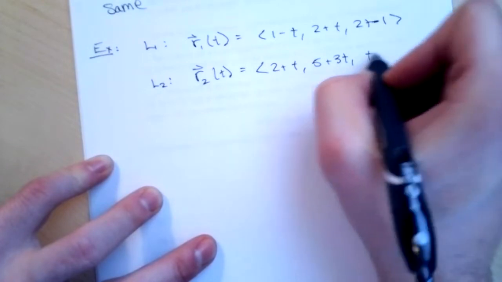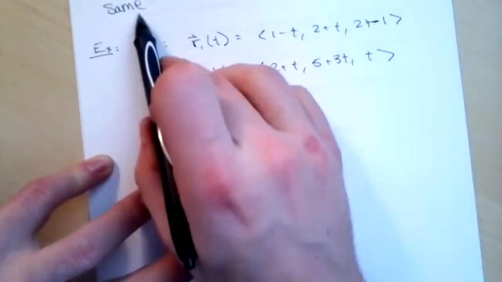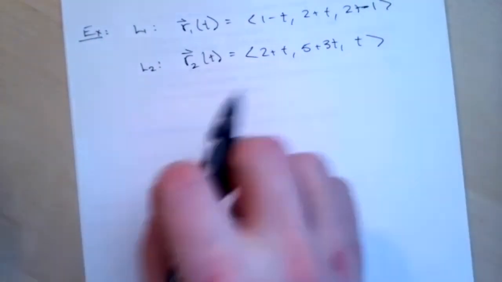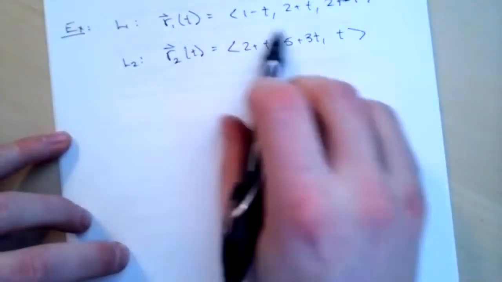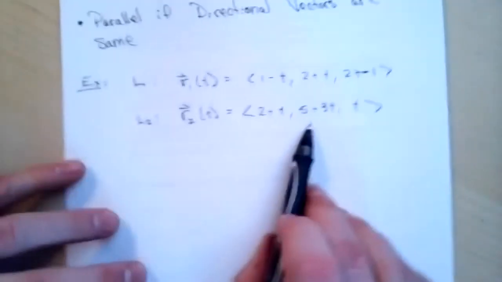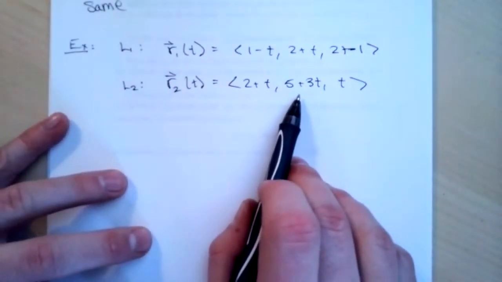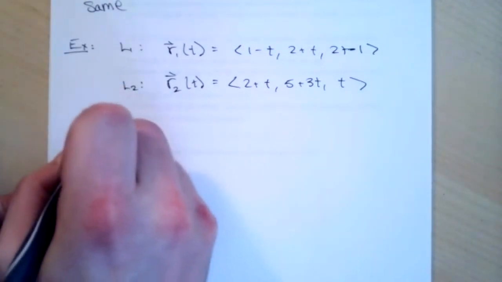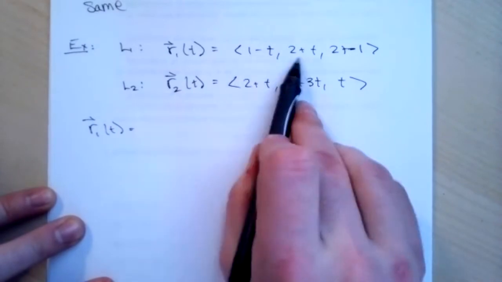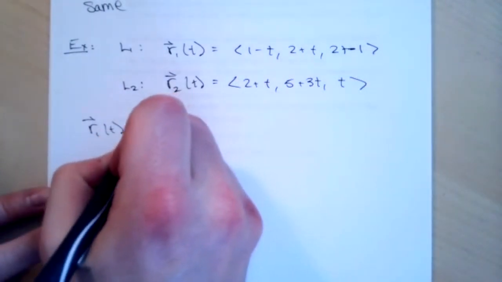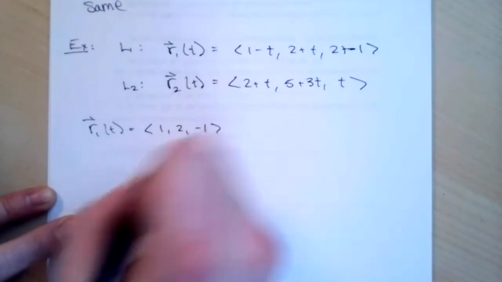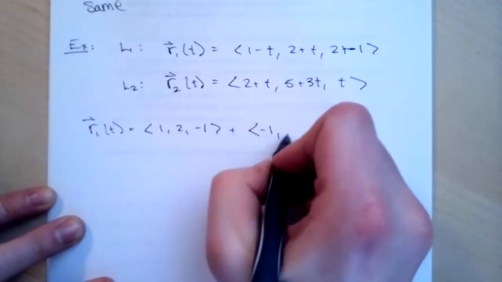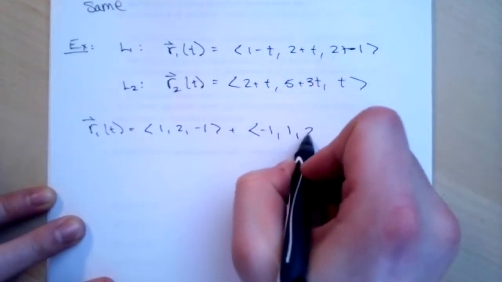Actually, I'm realizing I just misspoke a little bit. Directional vectors do not necessarily need to be the same. Let's take a look at what's going on with this example. They need to point in the same direction, I guess we should say. So here are our equations of lines, R1 and R2. We can rewrite these a little bit. For R1, our point is going to be 1, 2, minus 1, and the directional vector is going to be minus 1, 1, and 2.